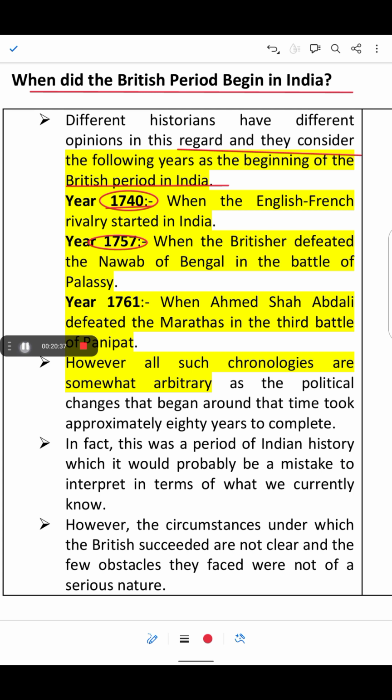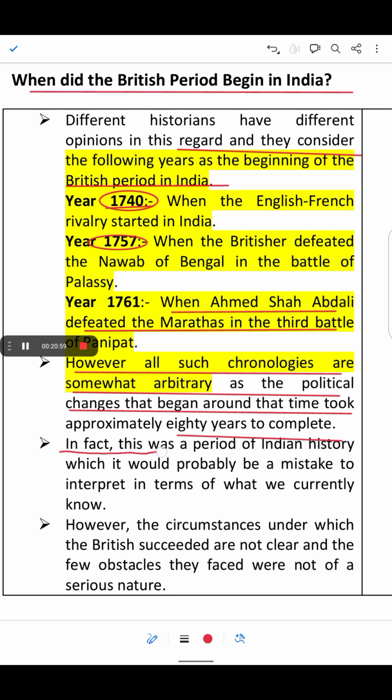Next is the year 1761, when Ahmad Shah Abdali defeated the Marathas in the Third Battle of Panipat. However, all such chronologies are somewhat arbitrary, as the political changes that began around that time took approximately 80 years to complete.